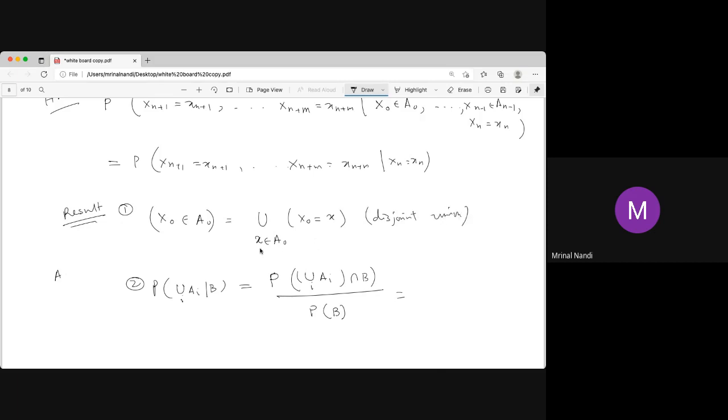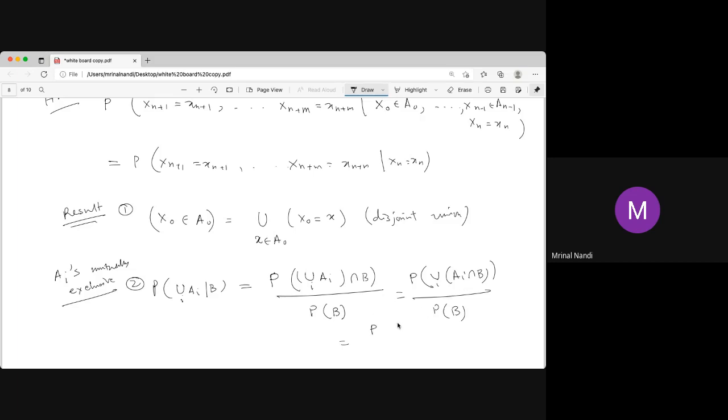Because all the elements are different, if the ai are mutually exclusive or disjoint, then what happens? Then by the distributive law, we get ai intersection b, and by disjointness, if the ai are disjoint, then ai intersection b is also disjoint.